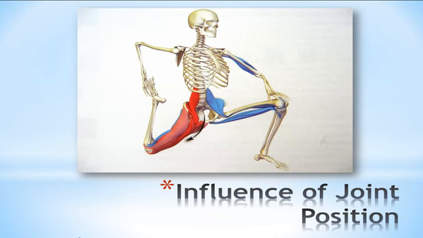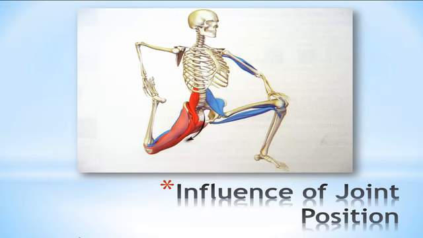The next component is the influence of joint position. If we just stood in anatomical position, then our muscle actions would be pretty easy to figure out. But as I change my joint position, I may actually change the function of a muscle, depending on if that axis of rotation slides to a different direction from the vector of the muscle action.